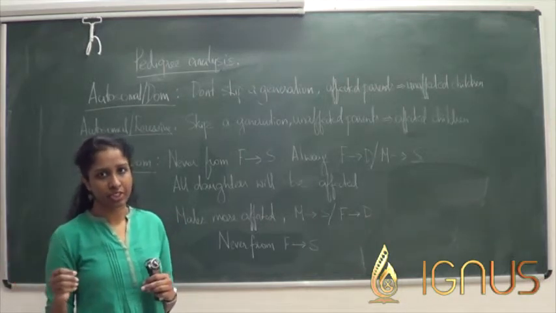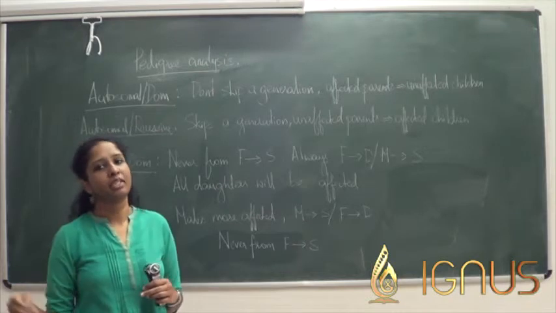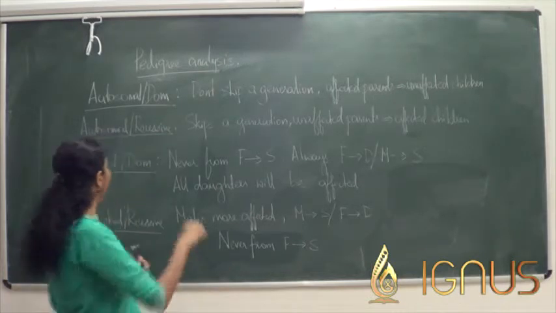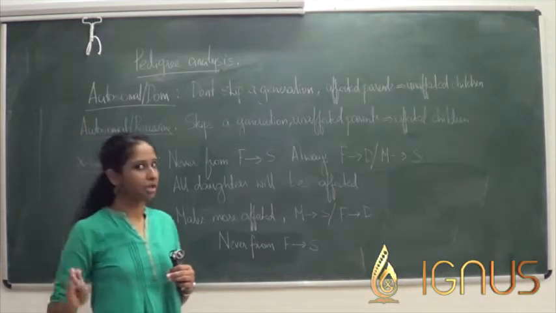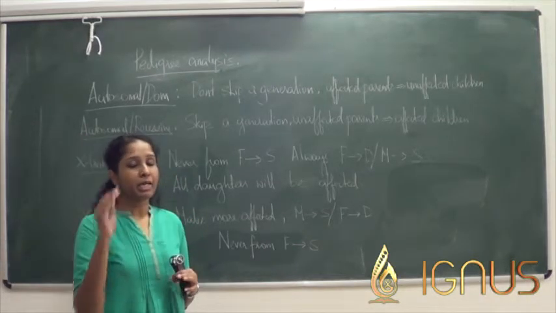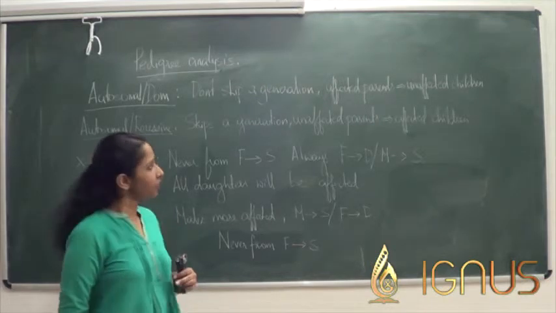So it can skip a generation, but it will reappear in the next generation. That is how autosomal recessive works. It is always going to reappear in some generation later on, but it can skip a generation.